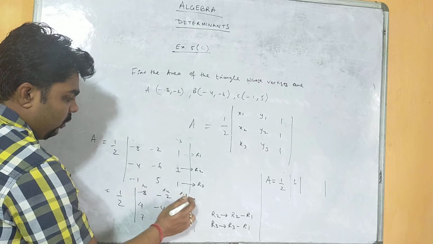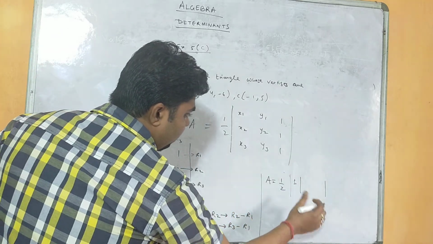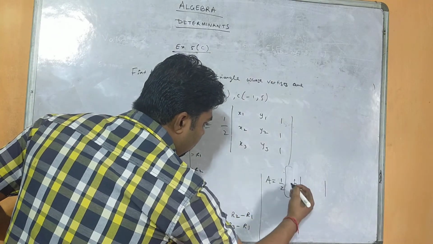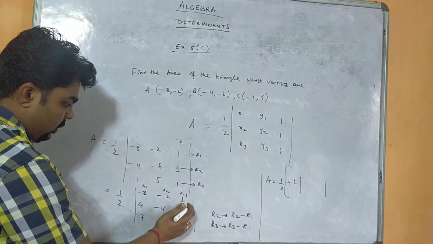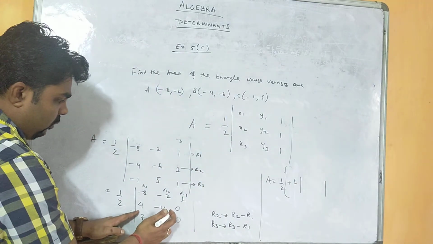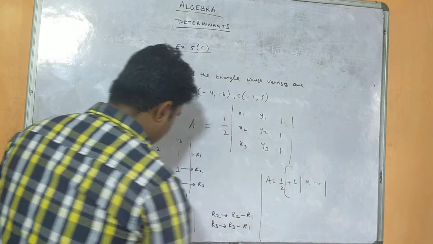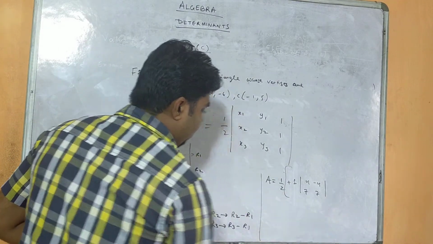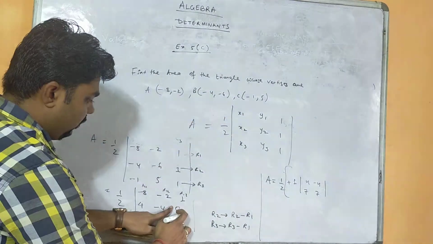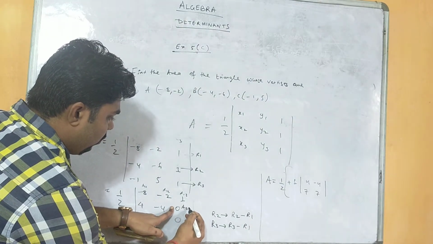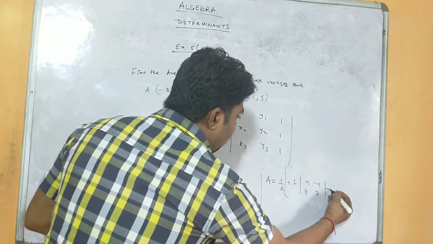For A13, 1 plus 3 gives a plus sign, so 1 times the minor, hiding the corresponding row and column: 4, minus 4, 7, 7. Now similarly for 0, this is A23, which is 0, so minus 0 multiplied with any element.